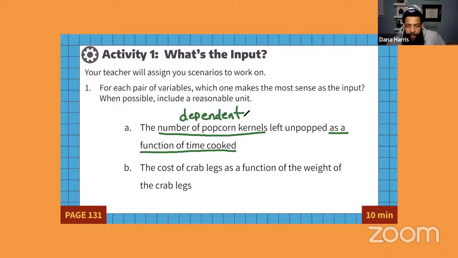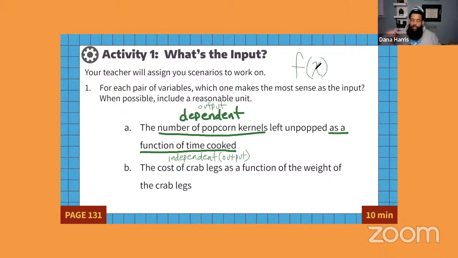So that's the dependent variable or output. And as a function of, this is going to be your independent variable. Independent. Sometimes I can't spell. So output, okay?